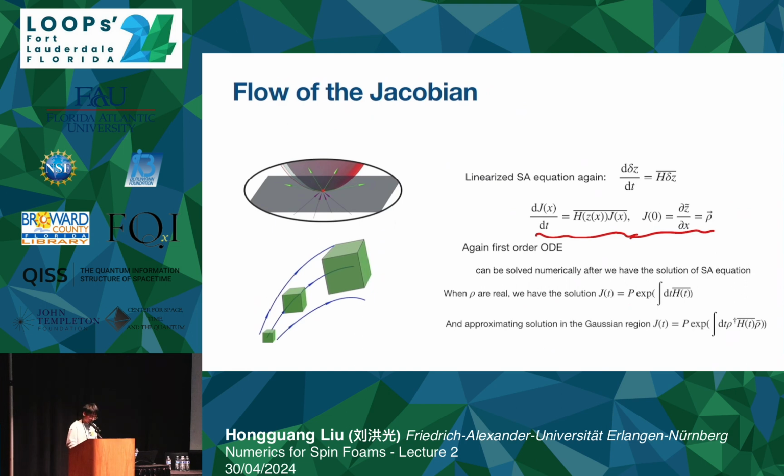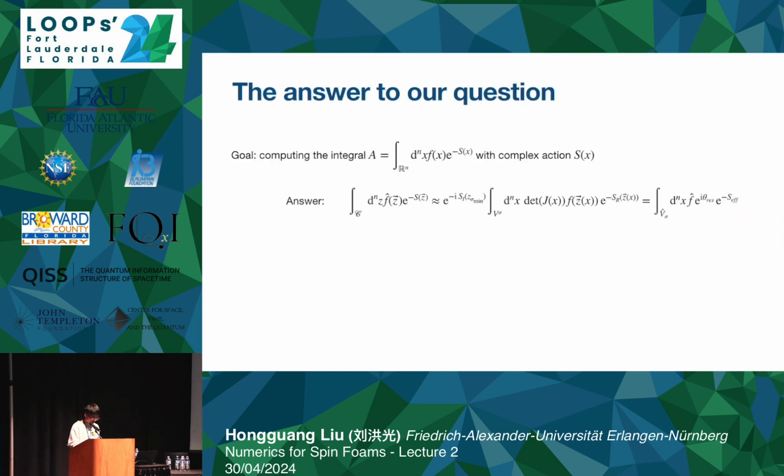And with this, we can write out the final approximation of the original integral. And now it's given, non-perturbatively, first by the imaginary part, and this is the approximated thimble. So this integral is on this approximated thimble, for which we have the Jacobian flow and also the flow of the thimble.